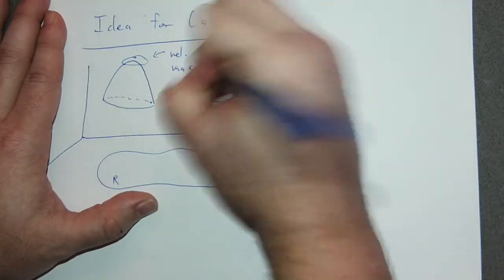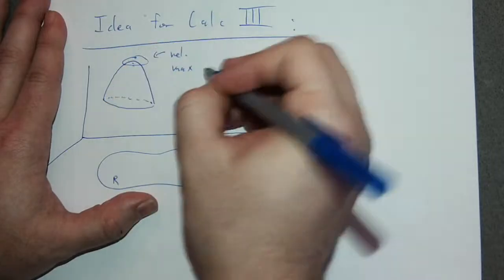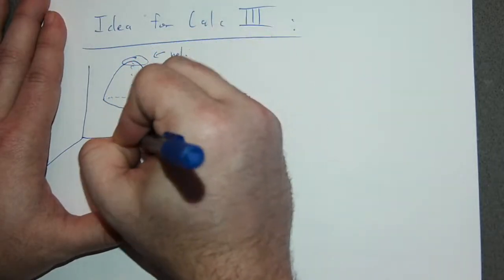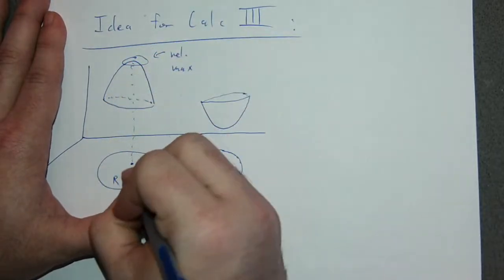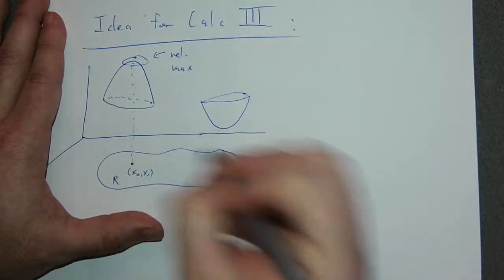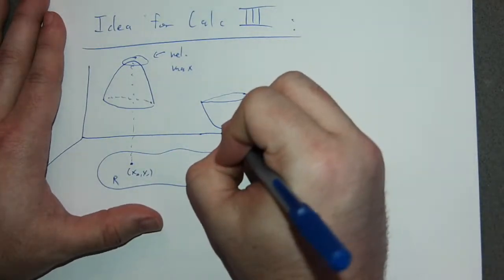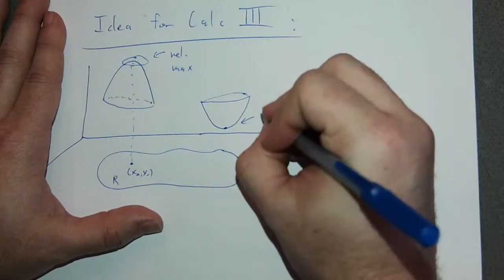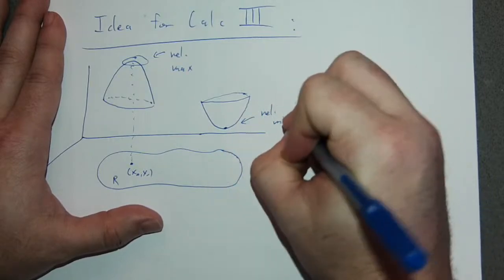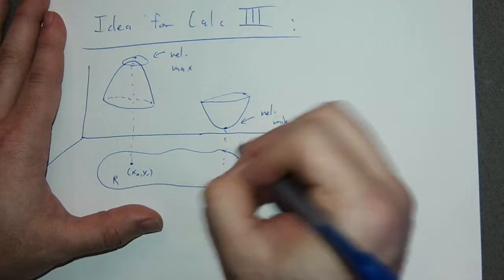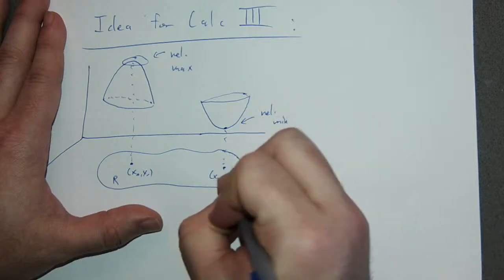So here's a relative max. That relative max value would occur at the point, say, x naught, y naught. And this point here would be an example of a relative min. That would occur at some other point here, x1, y1, whatever.